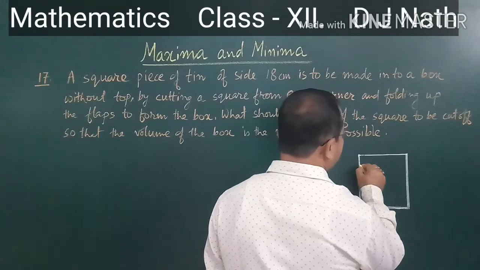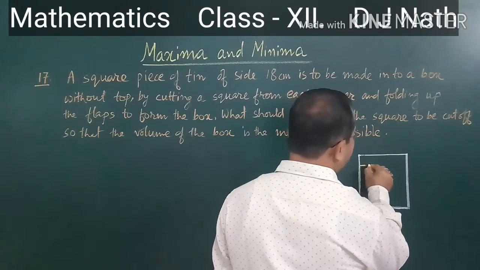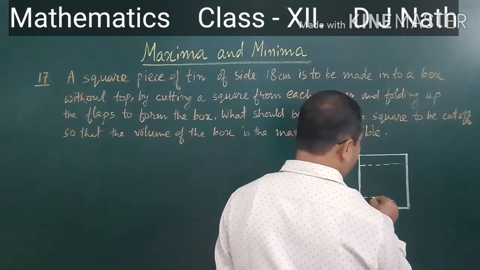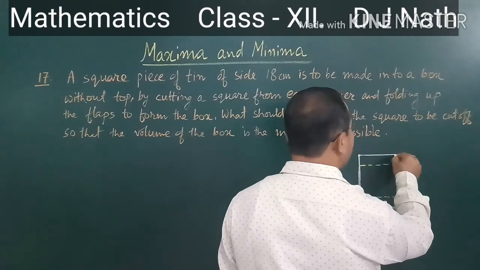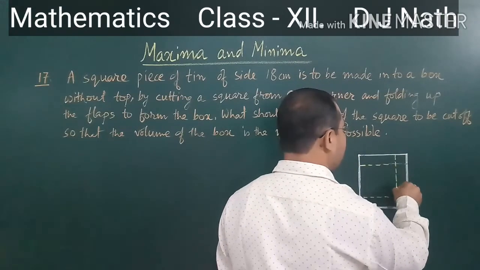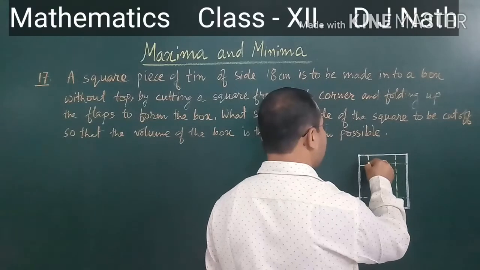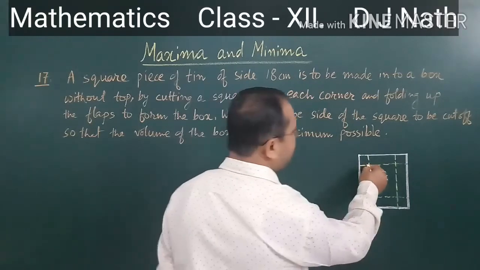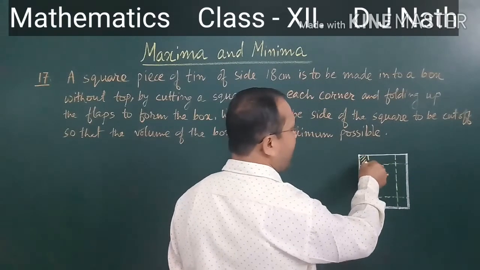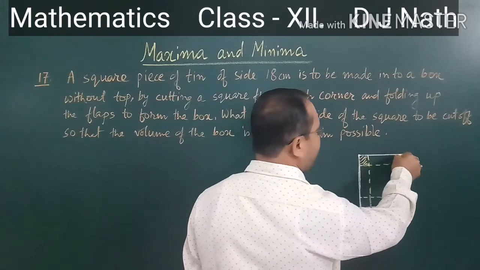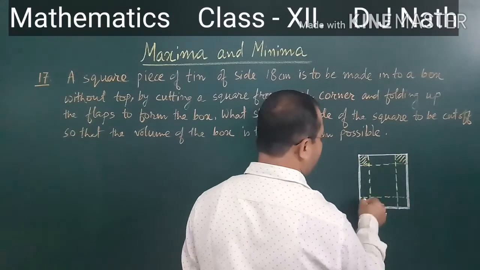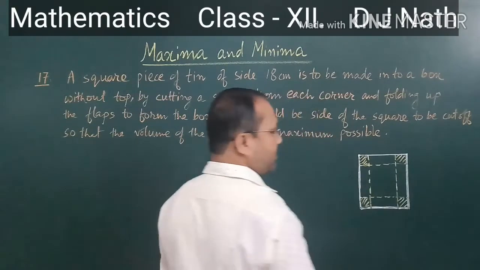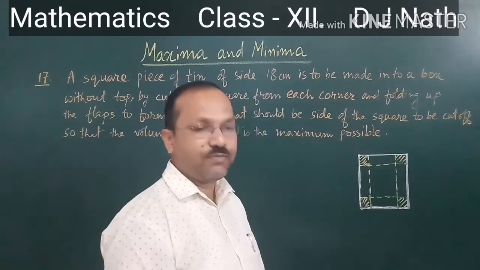If you fold it flat on this place and here also, then this portion has to be cut off from each corner. There will be a square. If we cut this portion off and fold this side, a box will form.